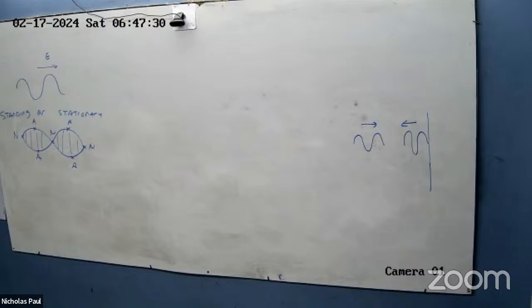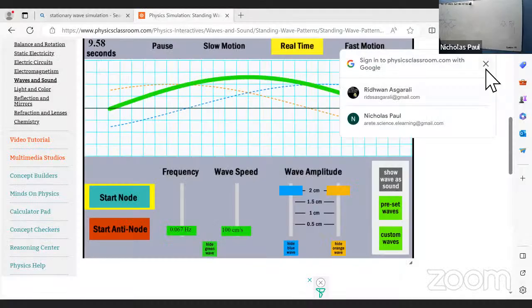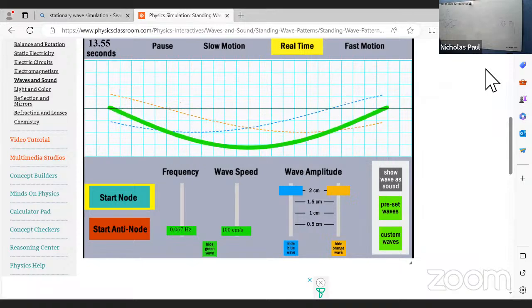Right, stationary wave. Physics class. Those who are online, you should be able to see it in a little while. I just have to come here and share. Yes, here we get lag online. Those who are online, it might get a little lag.